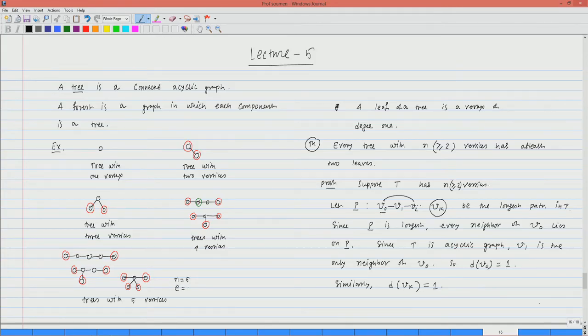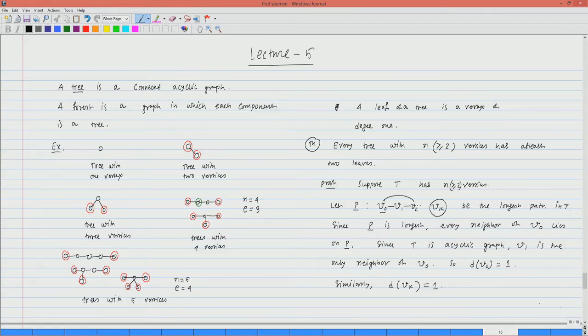So, the number of edges is 4. So, it has n minus 1 edges. Whichever tree you take, this is true. This is a tree with 4 vertices. So, n is equal to 4, and the number of edges is equal to n minus 1. I can see that there are 3 edges.